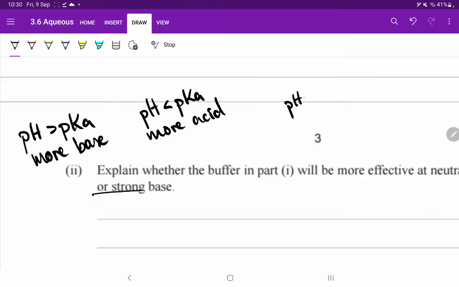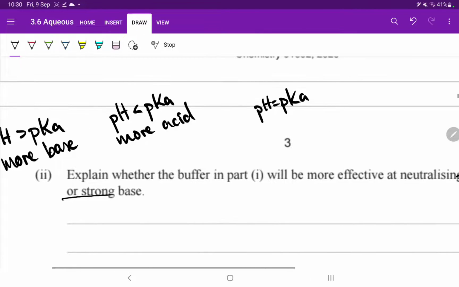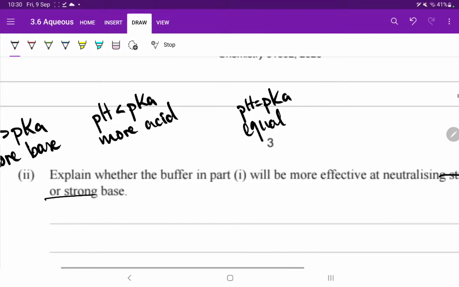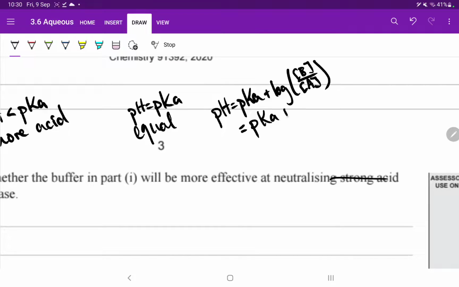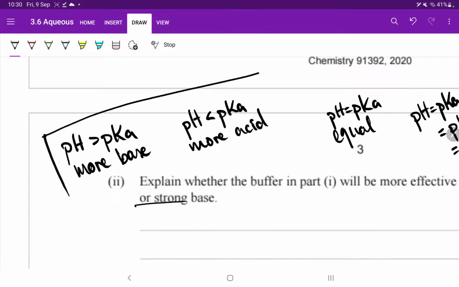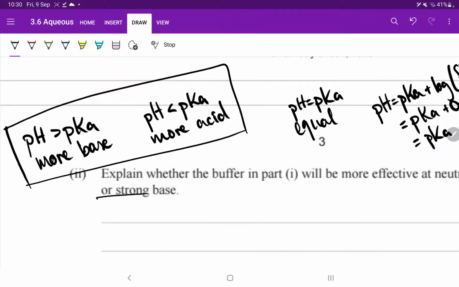Because if pH equals pKa, then there's equal amounts of acid and base, as in the Henderson equation. So pH equals pKa plus log of concentration of base divided by acid. If we have equal amounts, then we'd have pKa plus 0, which is just pKa, right? So these are what you need to know when discussing the effectiveness of buffers.